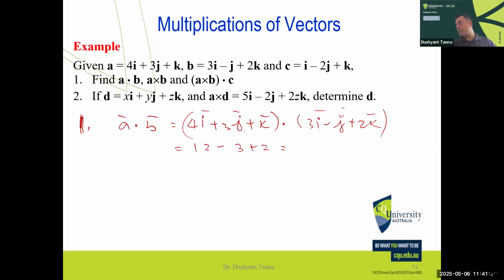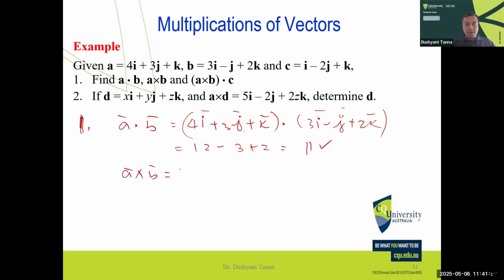And that will result into 12 minus 3 is 9 plus 2 is 11. It's a scalar? Yes, it should be a scalar. We don't know if it's right or not, but as long as it's scalar, we are 50% sure that it looks right.